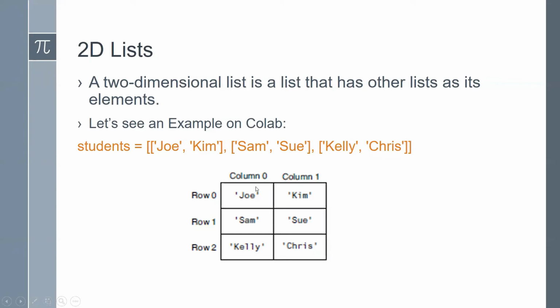This is how you visualize it, like a two-dimensional list: 3 rows and 2 columns. On the first row, Joe and Kim are stored; in the second row, row number 1, Sam, Sue; and on row 2, Kelly and Chris.